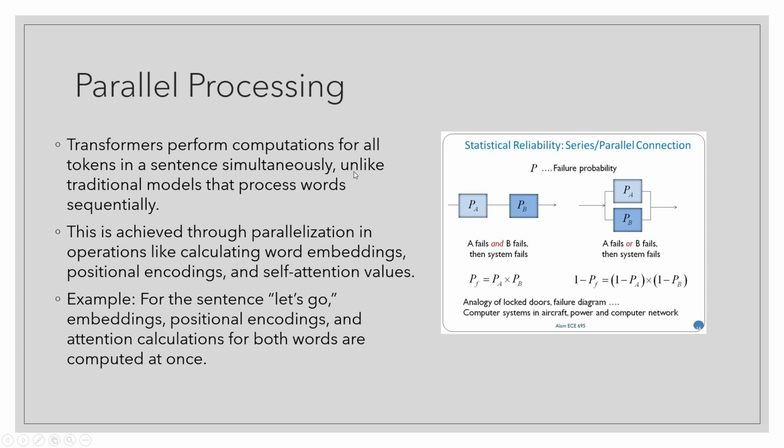Parallel processing. Transformers perform computations for all tokens in a sentence simultaneously, unlike traditional models that process words sequentially. So basically, an example for this: quantum computers and traditional computers. Transformers could be the quantum computers.